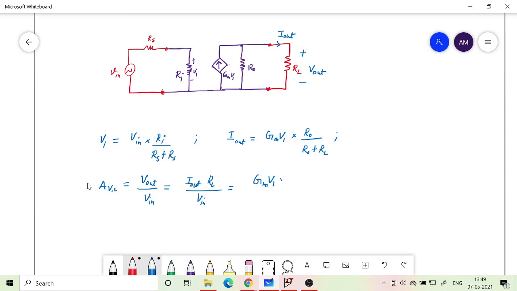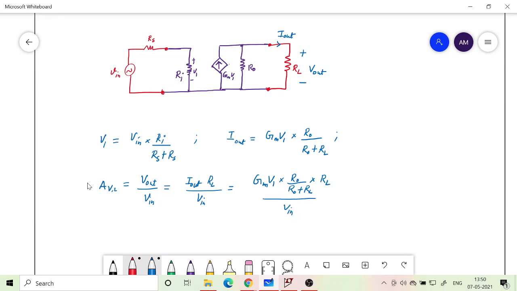Gm V1 into R0 by R0 plus RL, that is my I out, then into RL. So I substituted for I out into RL, divided by V in.